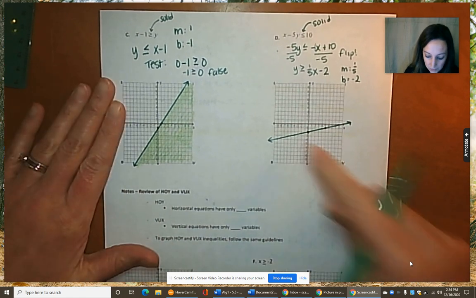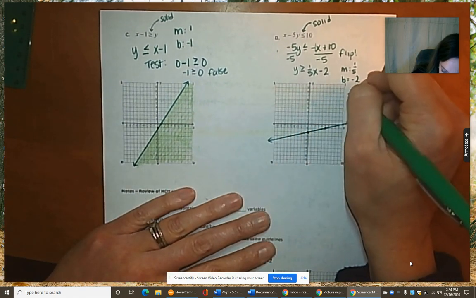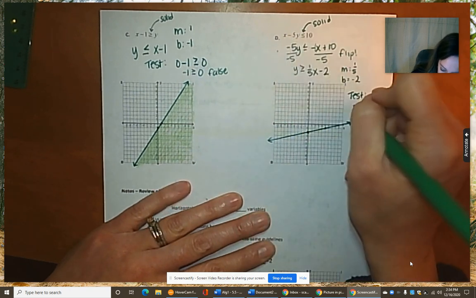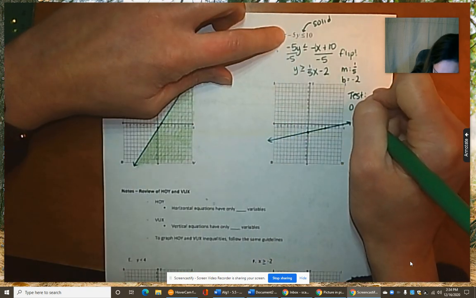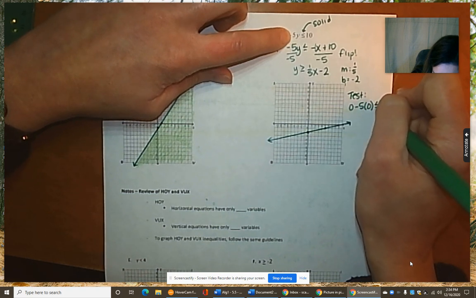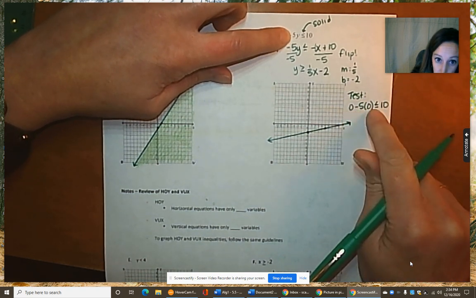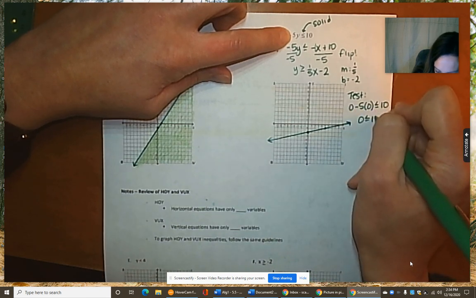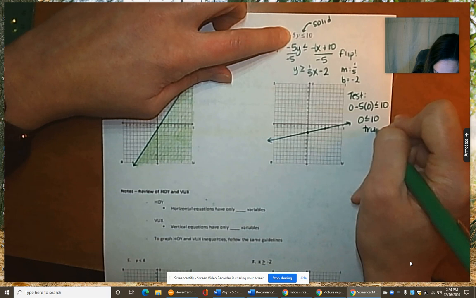My test point, if it's not going through 0, 0, use 0, 0 as a test. Again, you're putting 0 in for both the x and the y. So I get 0 instead of this x, minus 5 times 0 is less than or equal to 10. When I simplify this and see if it's true, is 0 minus 0 less than or equal to 10? Yes, it's true.